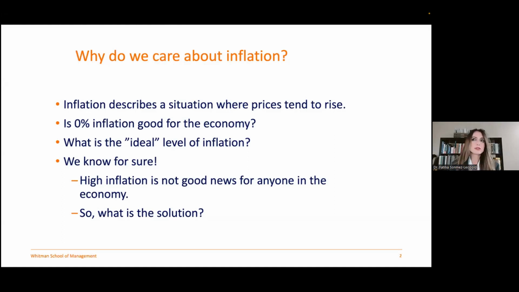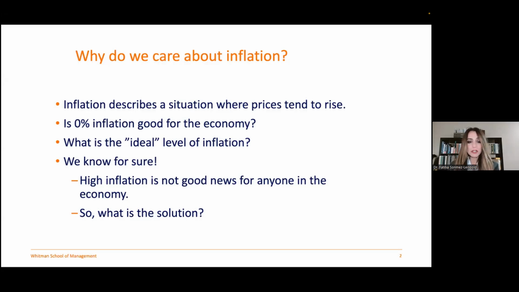Now, the question we generally ask is, if you don't like inflation, if you don't like prices rising, why is zero inflation not a good thing for the economy? Or is there any ideal level of inflation? But one thing we are all sure of, high inflation is not good news for anyone in the economy.